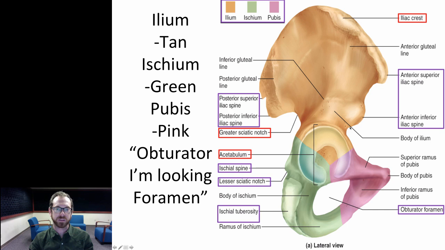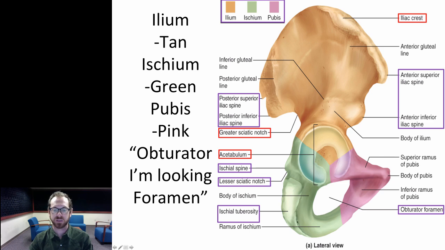Okay, now we're going into your pelvic girdle. So we're finished with the upper extremity. That's great, good job. Now we're moving into the lower extremity and your pelvic girdle. So your pelvic girdle, or your hips, is actually made up of 3 bones that are fused together. And those 3 bones are the ilium, which is here in this orange.